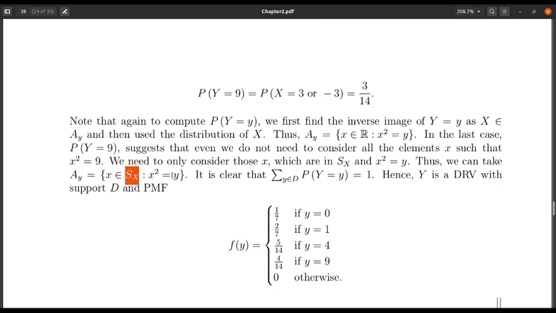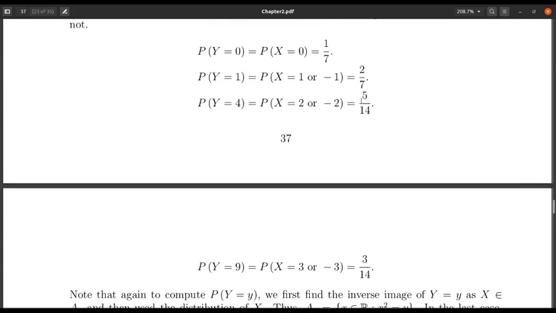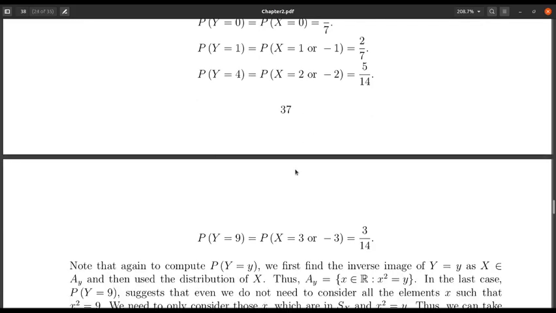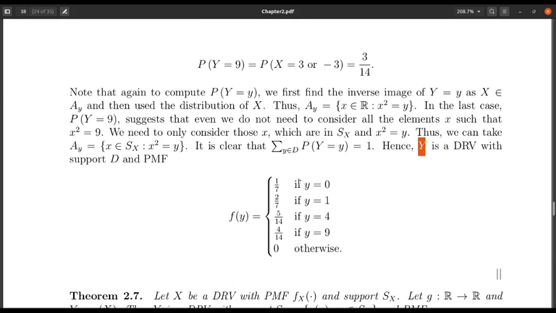Here we take those points which belong to S_X, and in general g(x) equals y. In this case you can easily check that 3 by 14 plus 5 by 14 plus 2 over 7 plus 1 over 7 gives 1. If I add these, this gives us 1. So clearly Y is a discrete random variable in this case, and the probability mass function of Y is given by this expression.